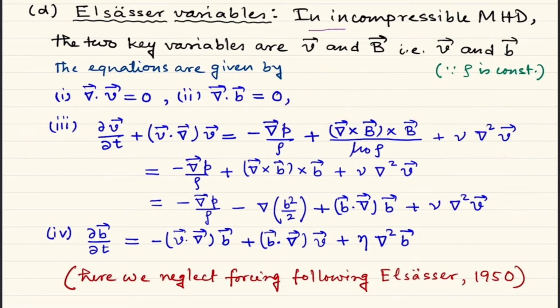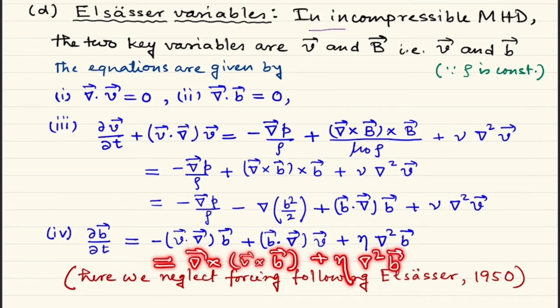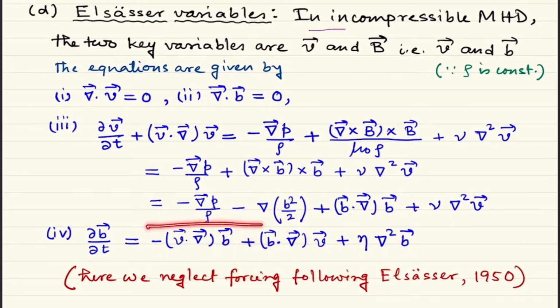And then finally you have ∂b/∂t is equal to curl of (V cross small b) plus eta nabla square small b. So this one is this, and when you expand, you will get two terms like this.